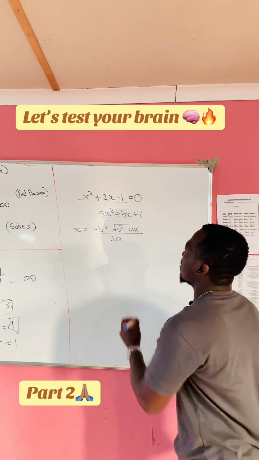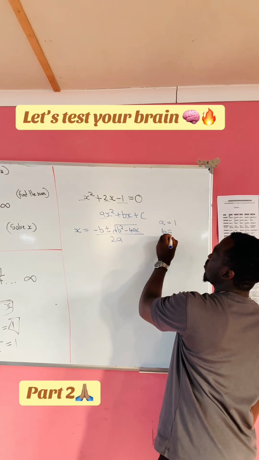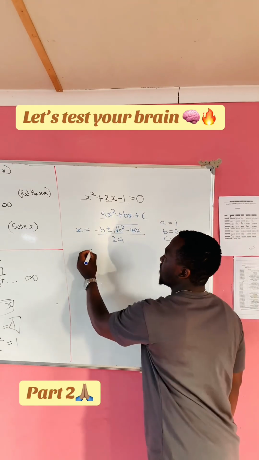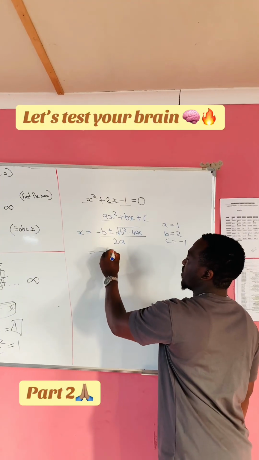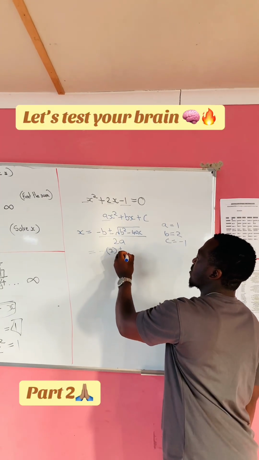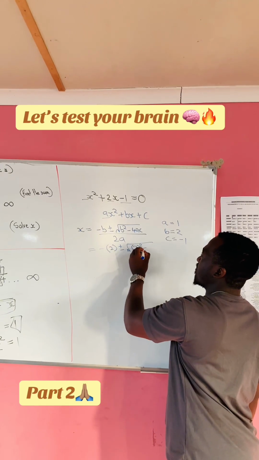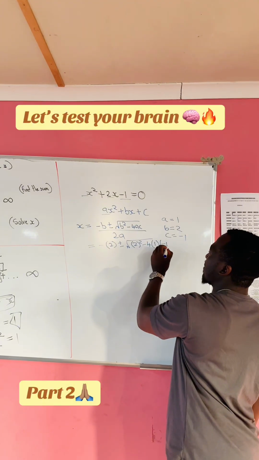Now let's look at it. We have these values: a equals 1, b equals 2, then c equals negative 1. Now let's check here. Negative b, we know that it's 2. We put our 2 there, plus or minus the square root of b, we put 2 again, squared minus 4 into our a which is 1, then our c which is negative 1.